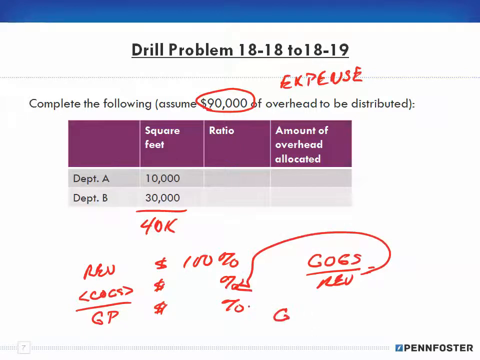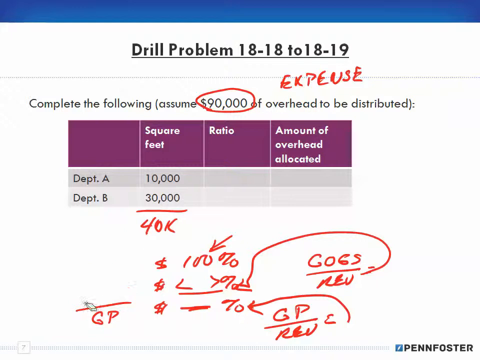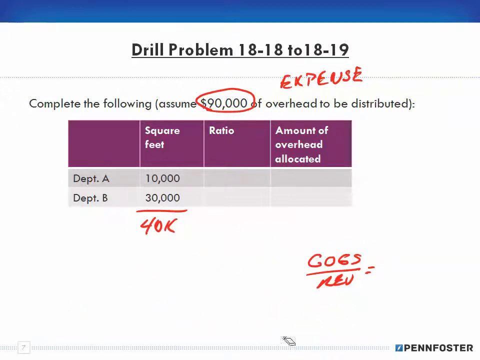Since this is 100 less this percentage, we get this percentage, or vice versa. We can take the gross profit and divide that by the revenue, and that would give us our gross profit percentage. I realize I went over that, and you're probably tired of me telling you that, but this is no different. Here we have dollar amounts, and here we have percentages. Well, for distribution of overhead, we're doing the exact same thing.